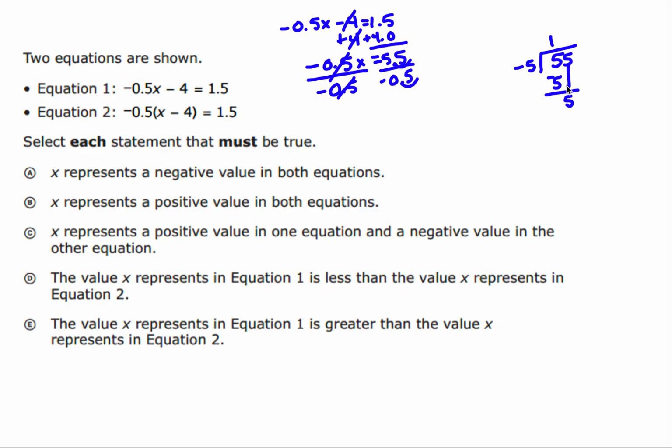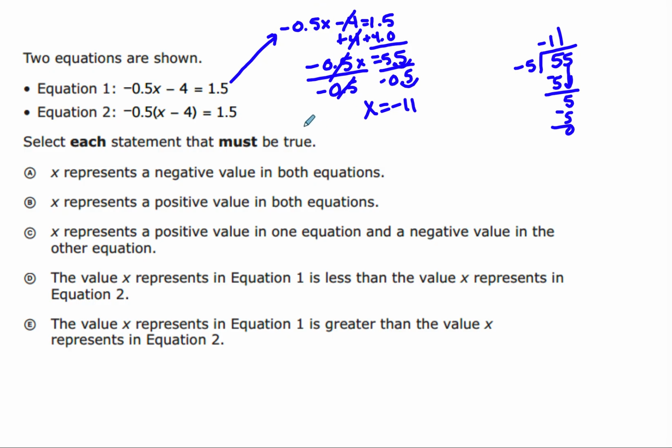Bring down the 5. 5 goes into 5 once. Different signs, answer is negative for multiplication and division. So we have x equals negative 11. That is my equation 1. Equation 1, x equals negative 11.